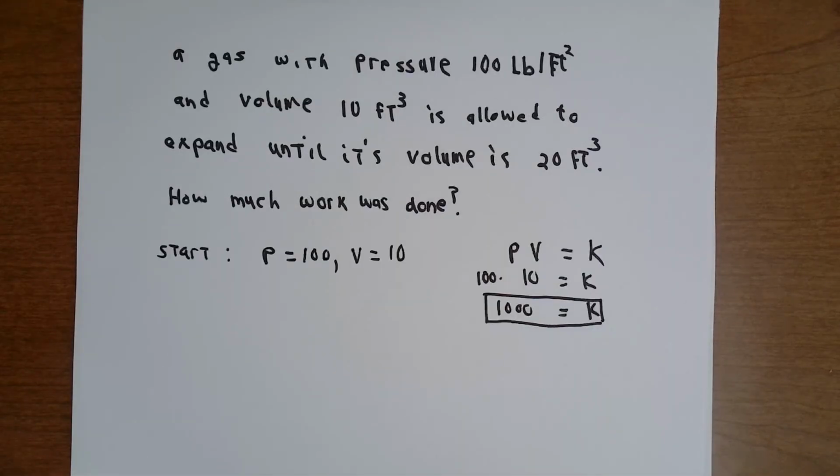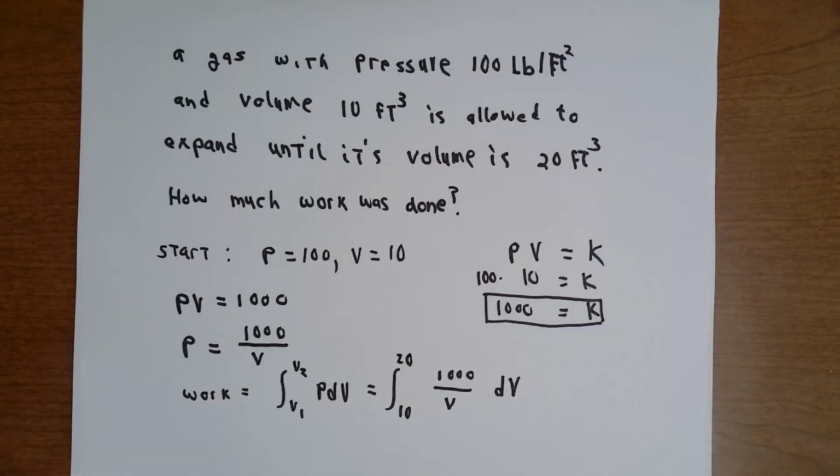Given the starting situation, where P is 100 and V is 10, since P times V is supposed to be a constant, that constant must be equal to 100 times 10, which is 1,000. Since pressure times volume is always supposed to be 1,000 for this problem, pressure must be 1,000 divided by the volume.